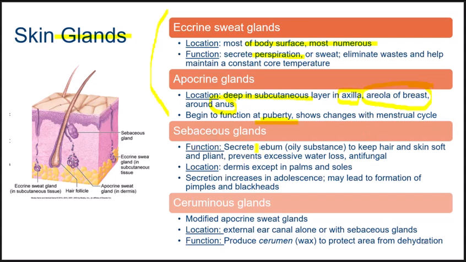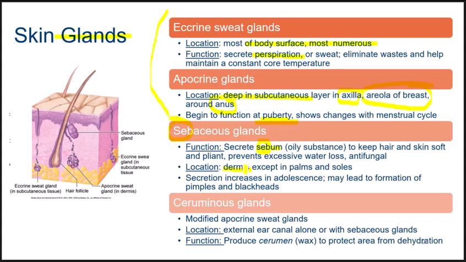Sebaceous glands are responsible for secreting sebum. You can see SEB, SEB. Sebum is an oily product, and it helps keep our hair and our skin soft and pliant. It helps prevent excess water loss, and it's also antifungal in nature.